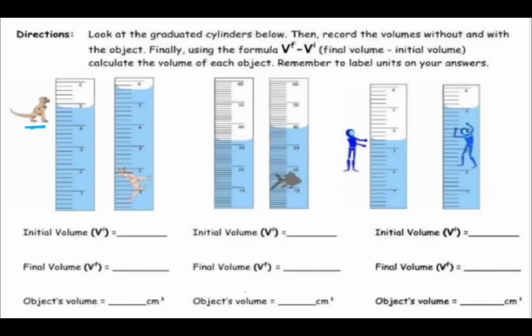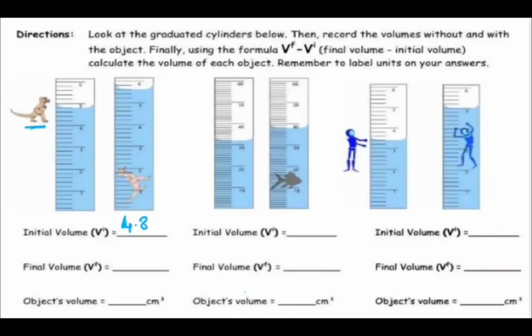So initial volume is how much? This is 4. Let me count 1, 2, 3, 4, 5. So 20 difference, 1, 1.2, 1.4, 1.6, 1.8, 2. So this is 4, 4.2, 4.4, 4.6, 4.8. So initial volume is 4.8.